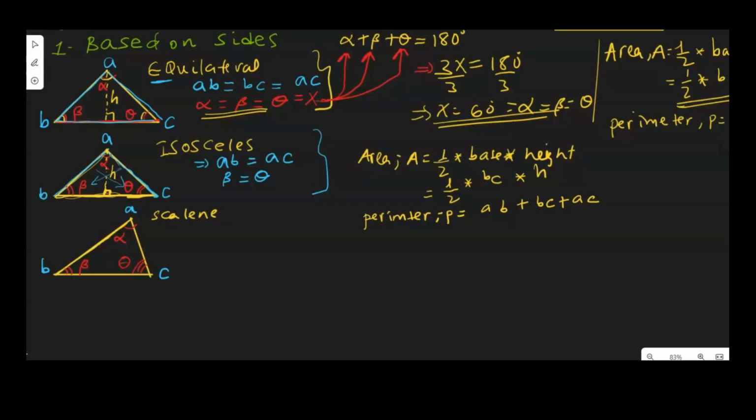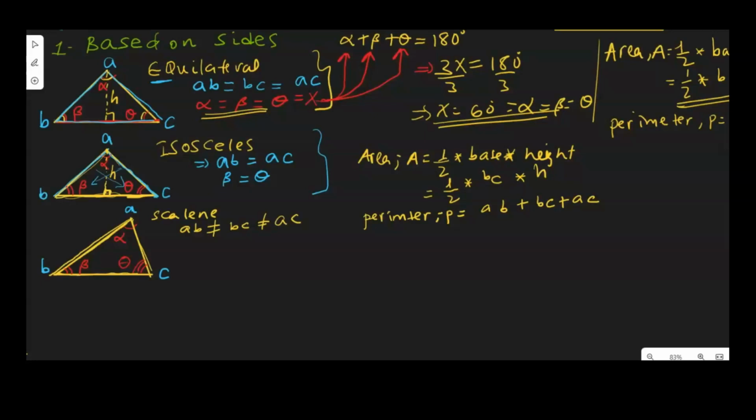One of the properties of the scalene triangle is that none of its sides are equal, which means side AB is not equal to side BC is not equal to side AC. So from this you may already understand that none of its angles are equal either. If the sides are not equal, the angles are not equal.